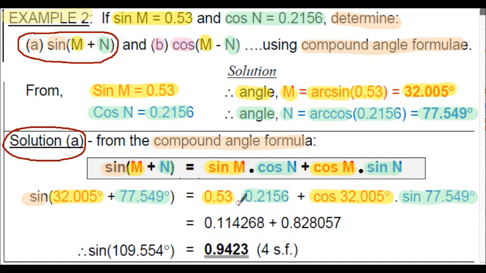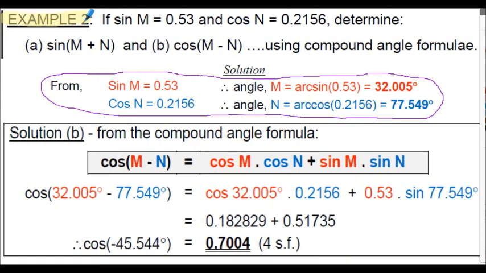I should show this multiplication symbol as a larger dot within the calculations, but hopefully you understand what I mean. So 0.53 multiplied by 0.2156 is evaluated here, and the cos of 32.005 degrees multiplied by the sine of 77.549 degrees is evaluated here. So our final value for the sine of 109.554 degrees is 0.9423, to four significant figures. So that's part A solved.